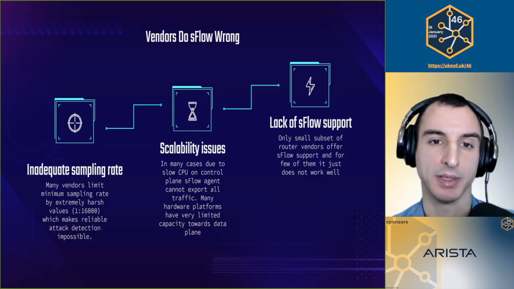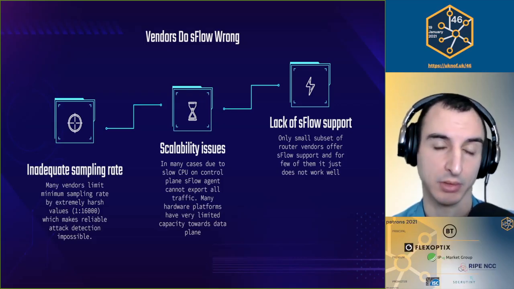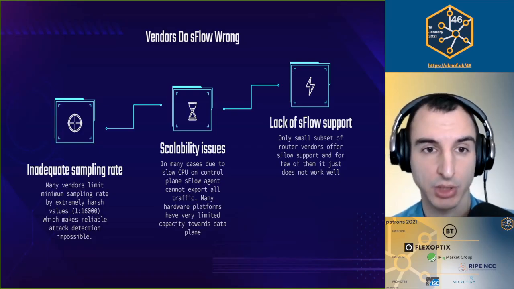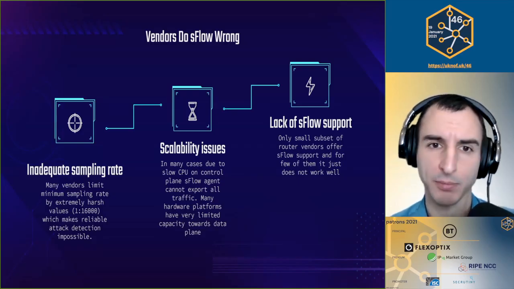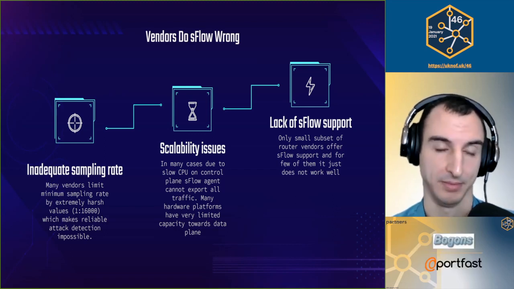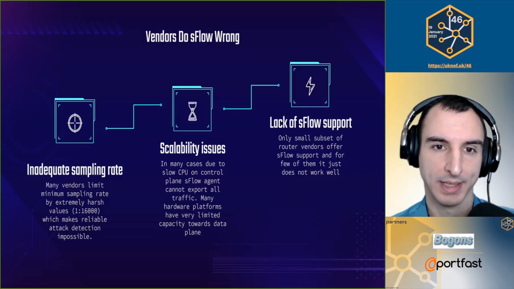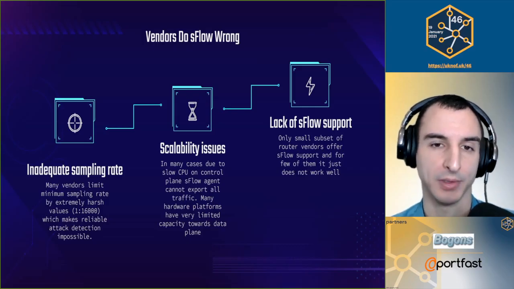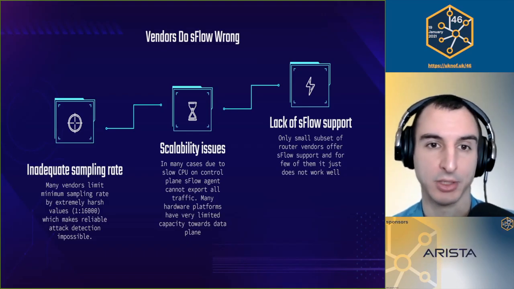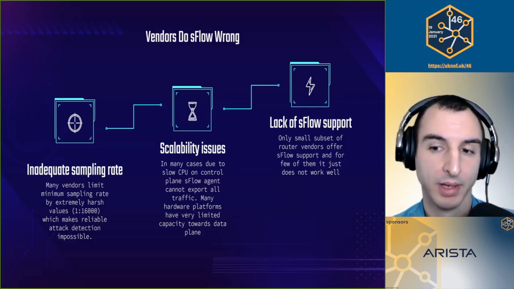If you enable a reasonable sampling rate of 1 to 1000, which is really good for networks with about 10G or even 40G, some vendors, and I don't want to mention names, but all of them are very well known, just cannot afford setting this specific sampling rate. And if you set it, you can notice that your control plane is constantly overloaded, and it may drop packets, and you may lose visibility about what's going on in your network.